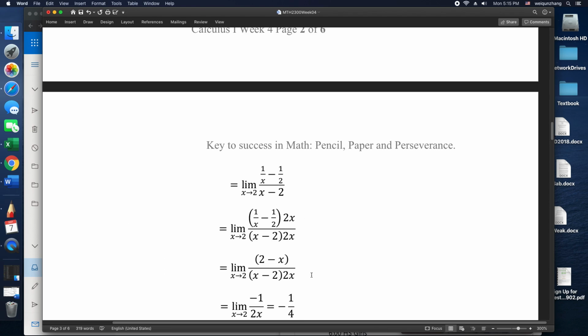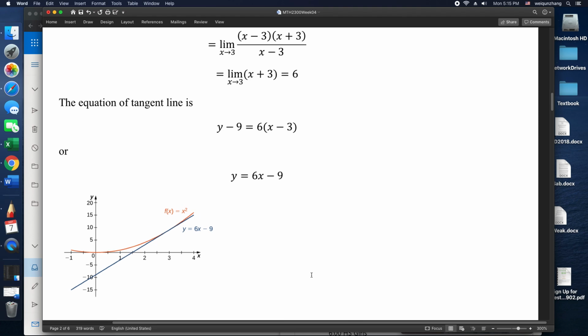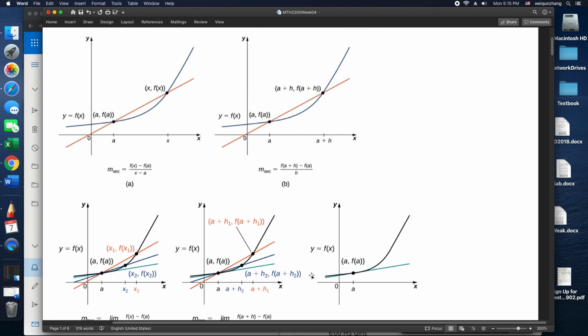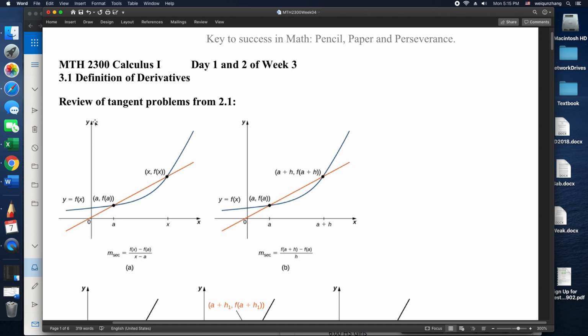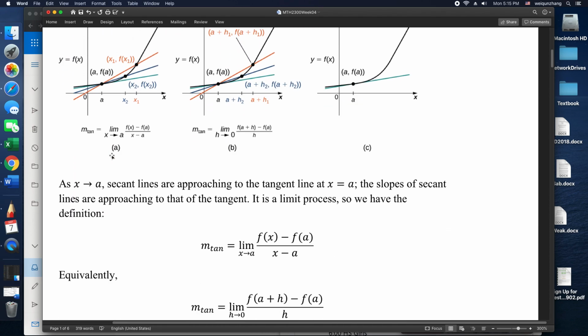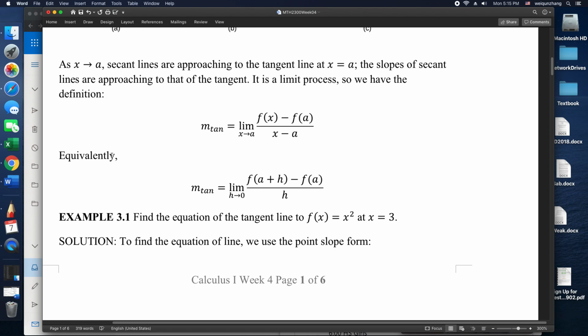So we are in section 3.1, and we are considering the slope of the tangent. So far, we are saying the slope of the tangent is a limit. And there are two formulas, and I say those two formulas are equivalent.